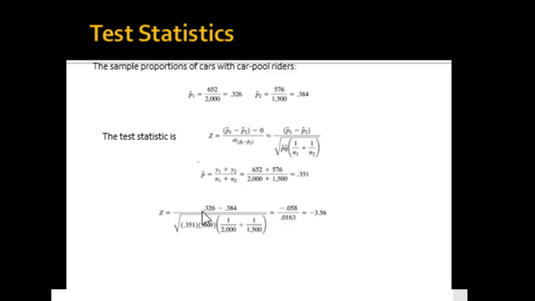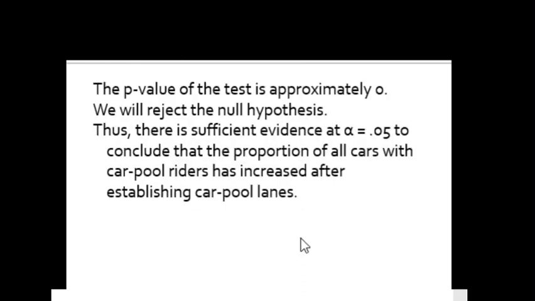Plug in all the information: P1 hat, P2 hat, this is P hat, Q hat, 1 over N1 plus 1 over N2. So it gives us negative 3.56. Okay, so negative 3.56, the p-value will be probability of Z less than negative 3.56.